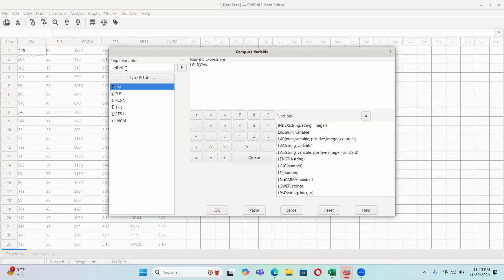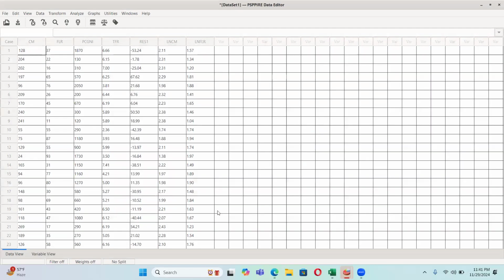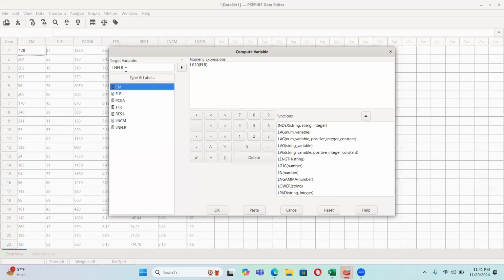Compute. Now we need log FLR, and this would be putting this variable into this. Then we can do this for per capita gross national income.